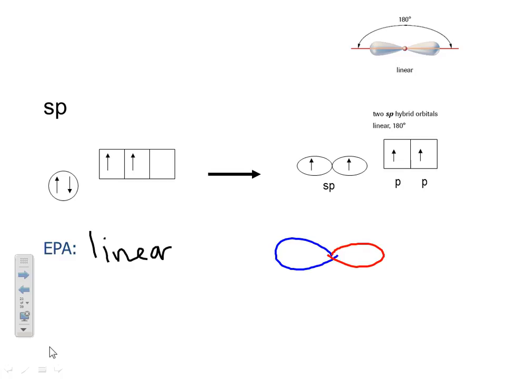But my eraser doesn't work, so I'm not going to go back. And again, I'm going to draw a line up the middle here so that I can represent the bond angle between those things. And that's going to be 180 degrees.